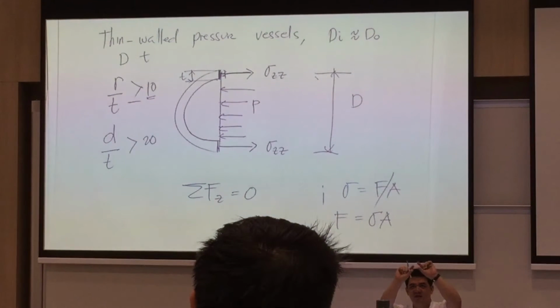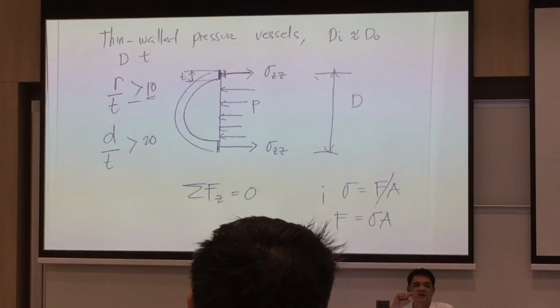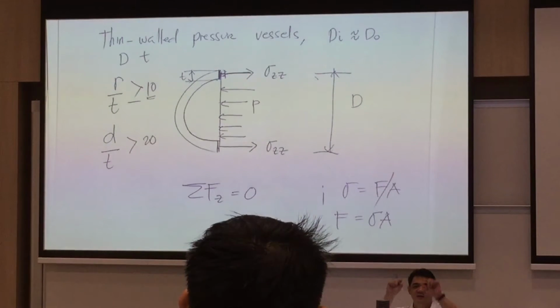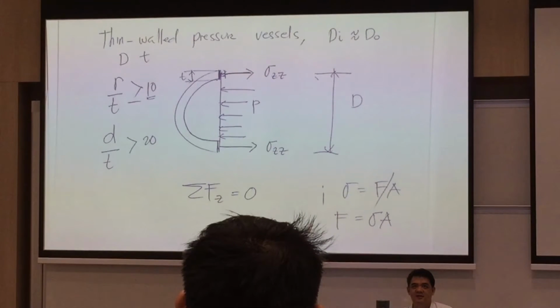So that's the circumference multiplied by that thickness. Right? Pi dt. Yeah? Or 2 pi RT. It's there already. So this one is either.